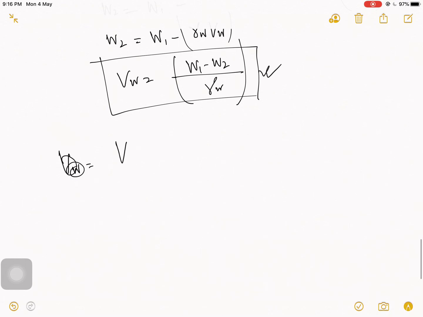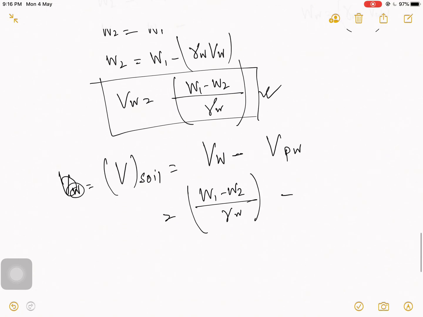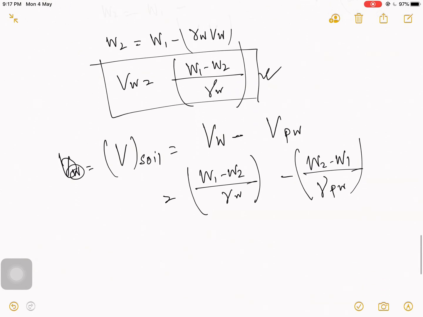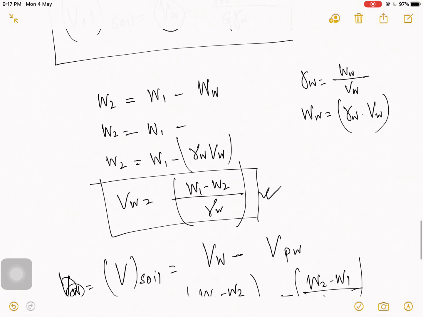Then the volume of soil is equal to VW minus V paraffin wax. The value of VW is (W1 minus W2) by gamma W, and V paraffin wax is (W2 minus W1) by G gamma W. Okay, here 1 and 2 got slightly mixed up, so let's correct it.